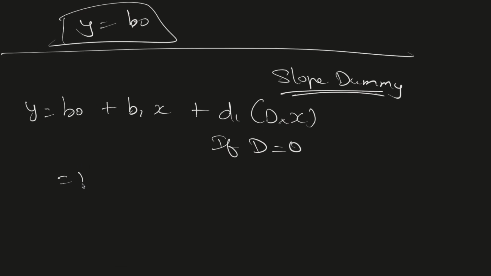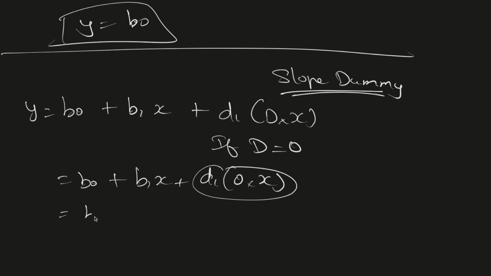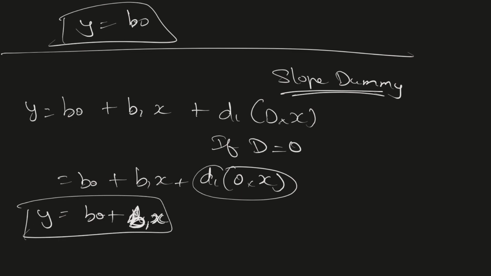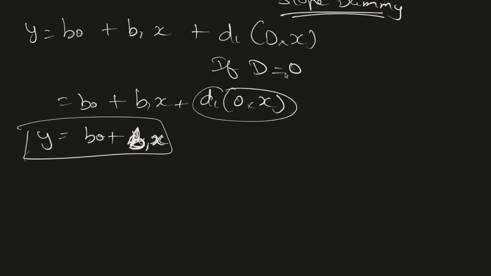So in that case, b0 plus b1x plus d1 into 0 into x. All this will become 0, so b0 plus b1x. This is the equation in the absence of the dummy variable, or when the dummy variable's value is 0.